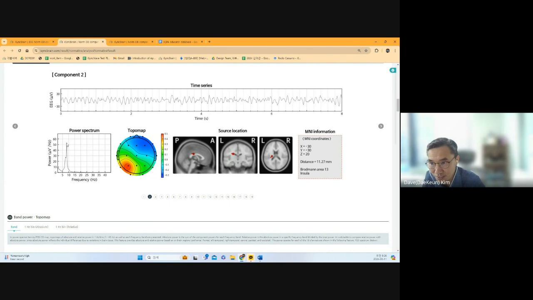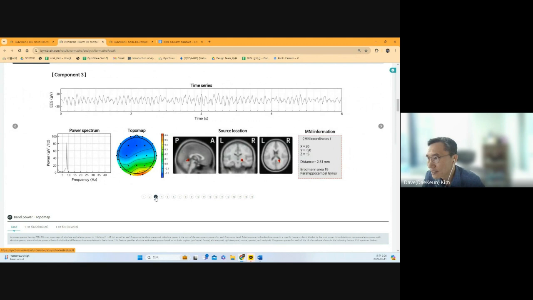You can see the alpha, and these are the slopes. This is the theta. So both temporal areas are starting the theta rhythm in this MCI patient. And another one is the right posterior alpha activity, slow alpha.